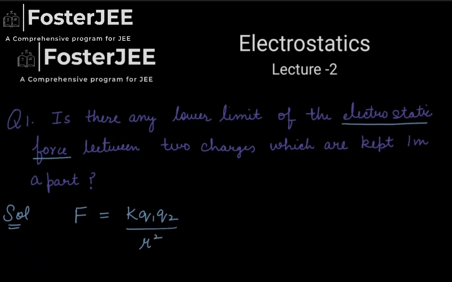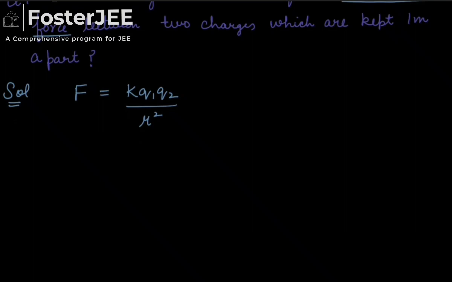In the problem, we are given that the distance between the two charges is 1 meter. Putting the value, we get F equals K Q1 Q2 upon 1 square. So it's 1, so it makes no difference.